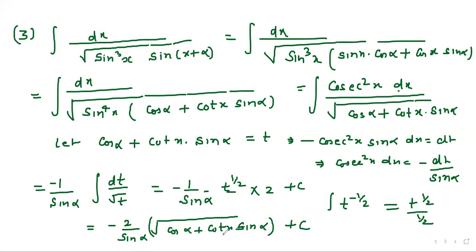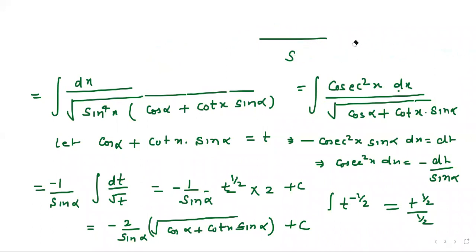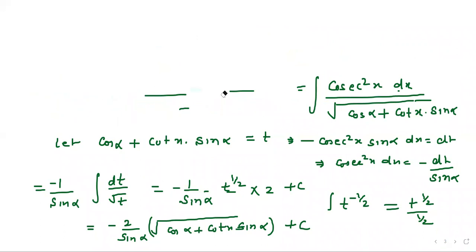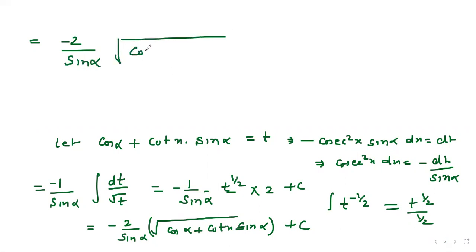Now, if we simplify this further, what do we get? We continue: minus 2 upon sine alpha, and this can be written as cos alpha plus cos x upon sine x times sine alpha, plus c.